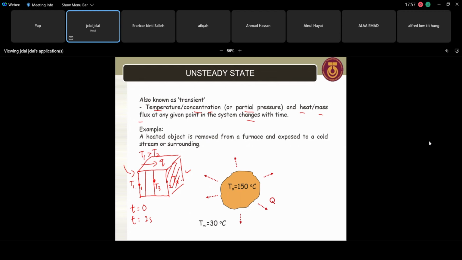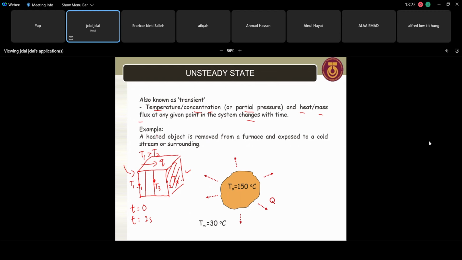Then the temperature at point number 1 and at point number 3 changes over time as well. Because temperature changes, the Q, the heat flux, also changes. The same goes for mass transfer: concentration or partial pressure, and mass flux.